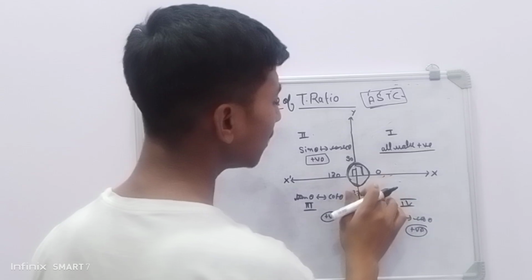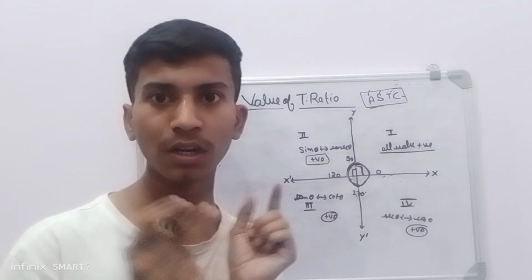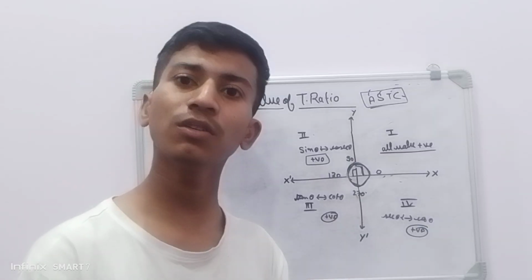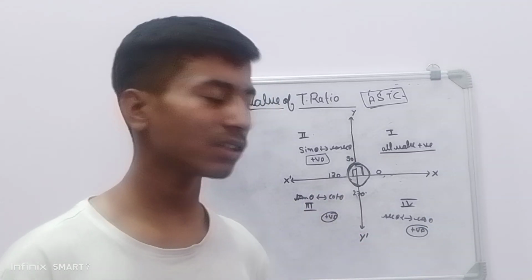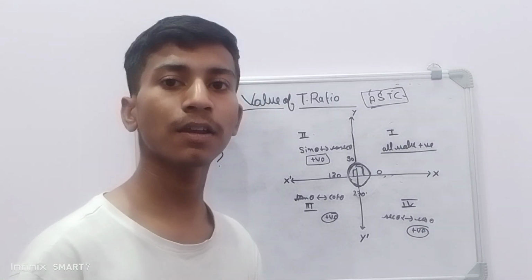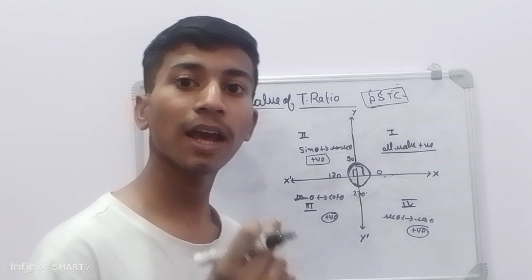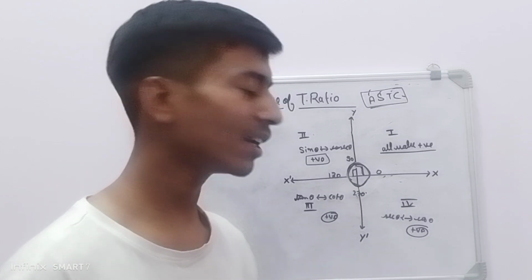If I ask you something, just give the answer only, without thinking much, because this is a confusing topic. What will be the value of sine 92, is it positive or negative?